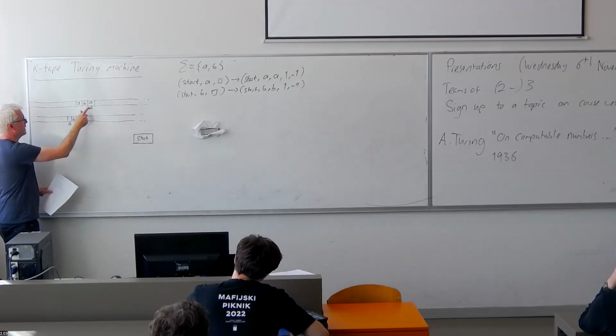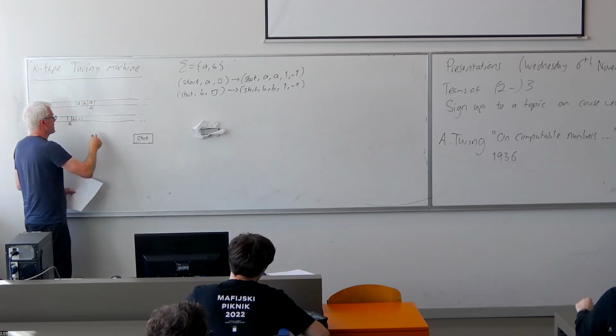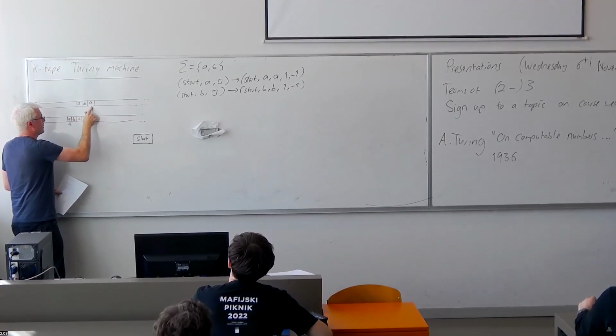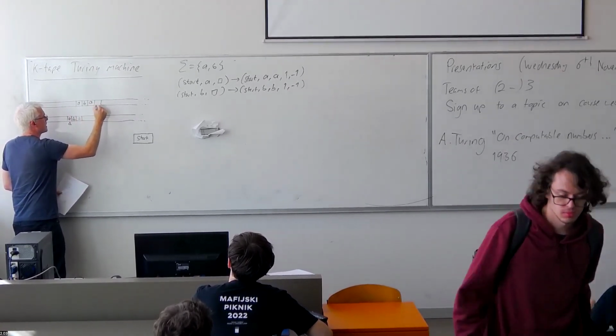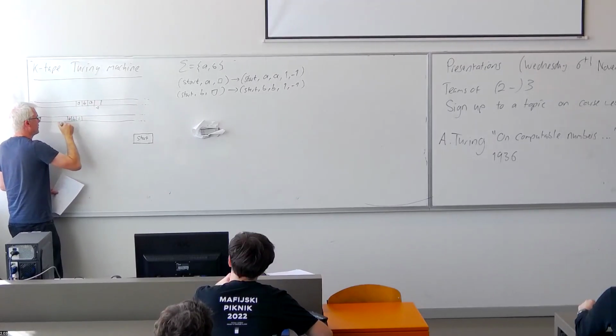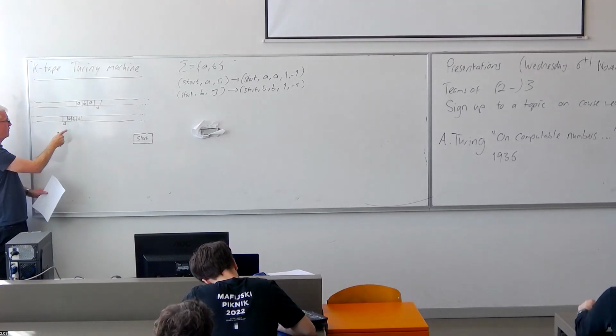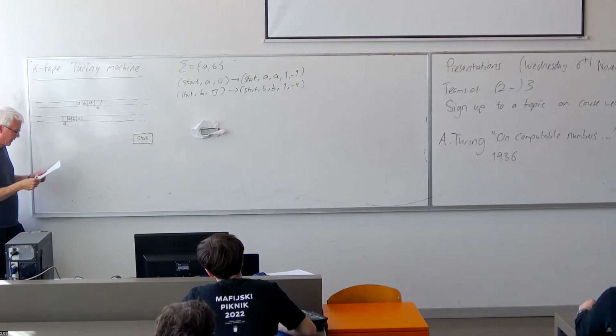We're now again in a configuration where we see an A and a blank. So we keep the A, we write the A here, we move the head here right, we stay in the start state, and we move the head here left. And now we're in a new kind of configuration where we see a blank on both tapes.